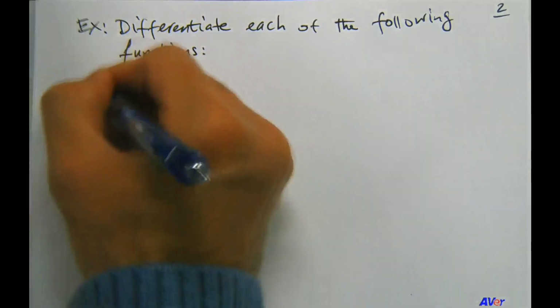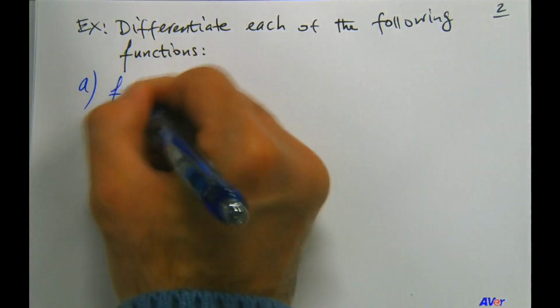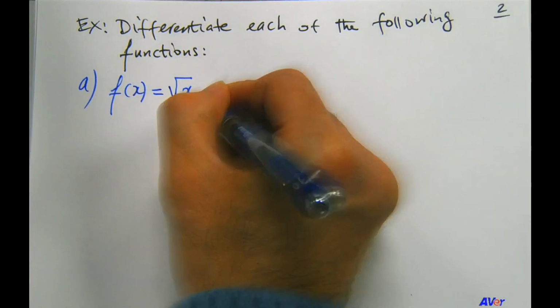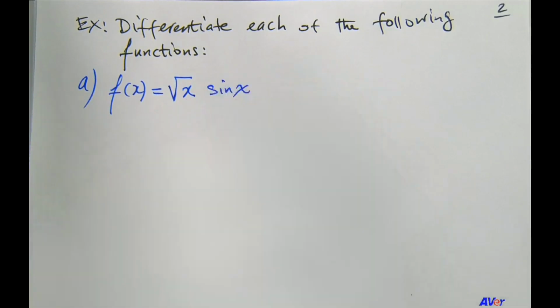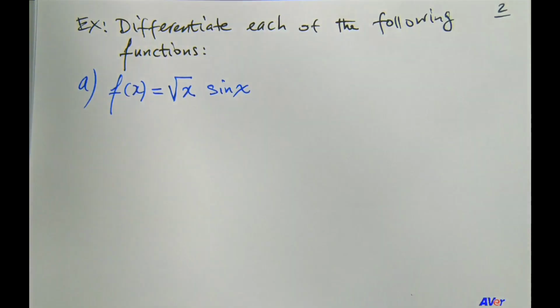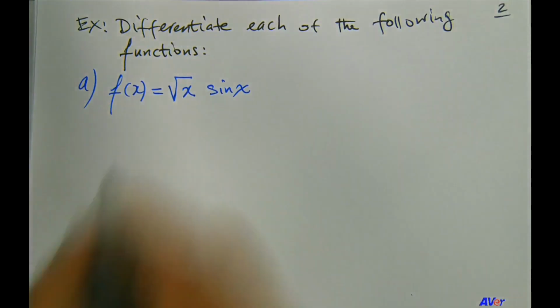Okay, so here's one. We want to differentiate the function f of x equals square root of x times sine of x, right? So we have two functions that are being multiplied, and we want to find the derivative of this.